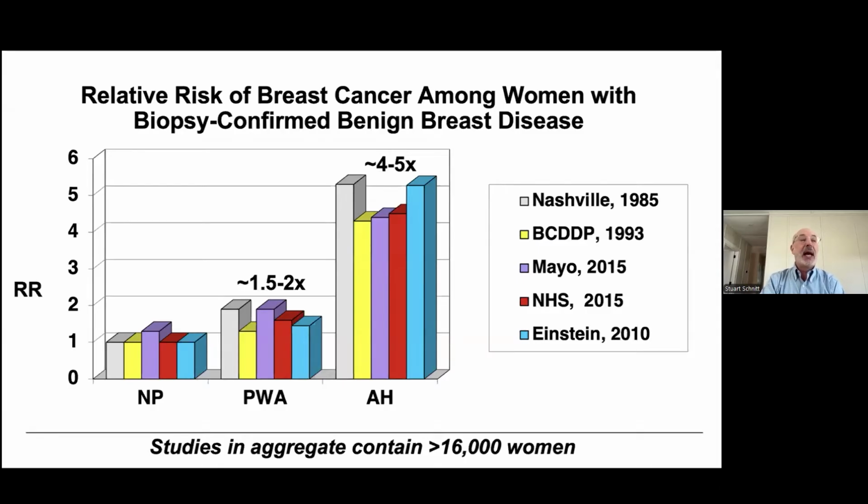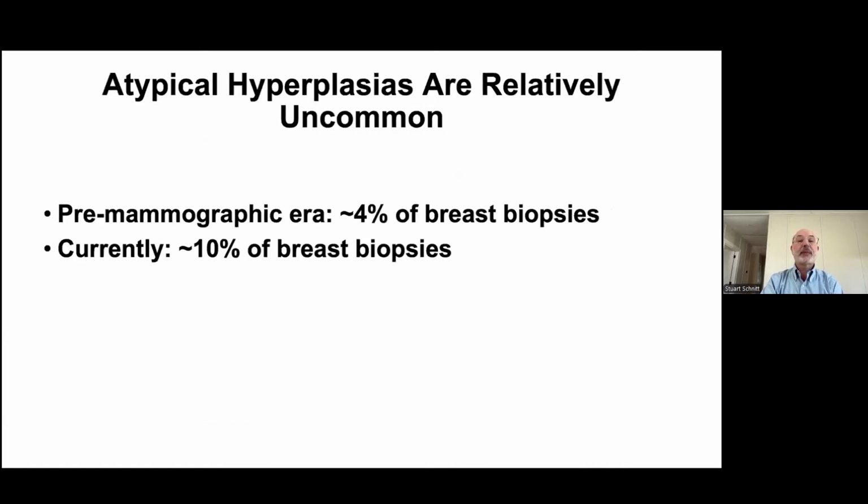I think it's now firmly established that proliferative lesions without atypia, like usual ductal hyperplasia, sclerosing adenosis, things like that, are associated with about a 1.5 to 2-fold increased risk, whereas the atypical hyperplasias are associated with a much higher risk, a 4 to 5-fold increase in risk.